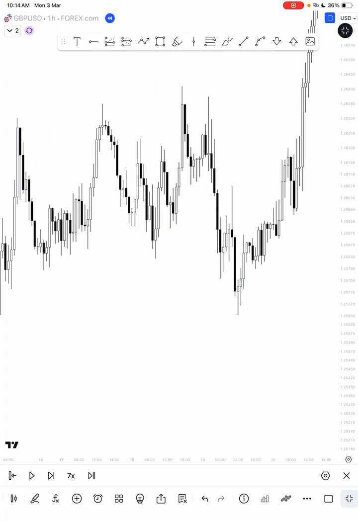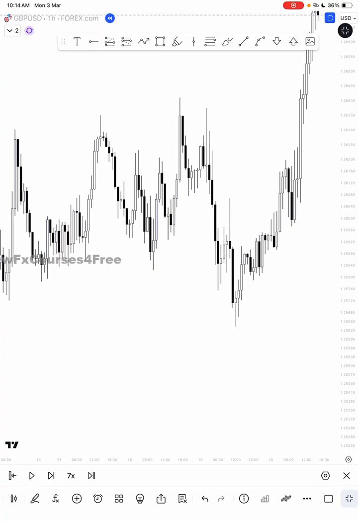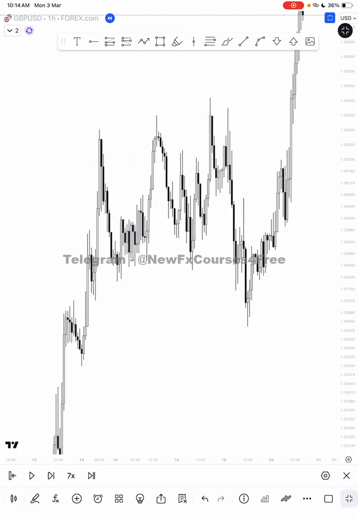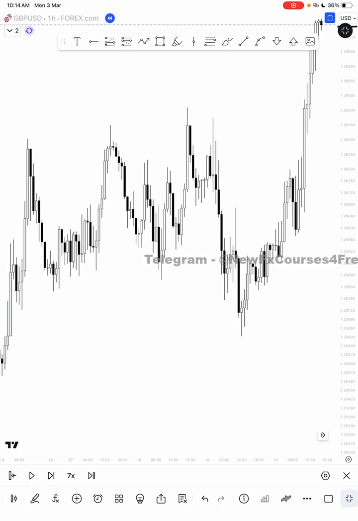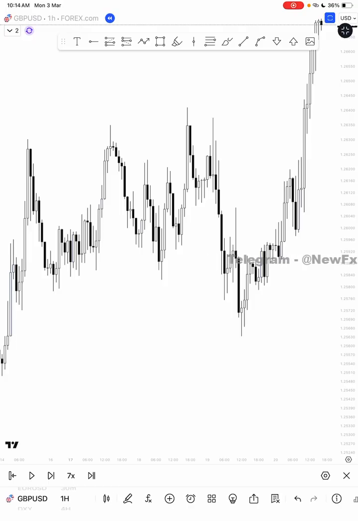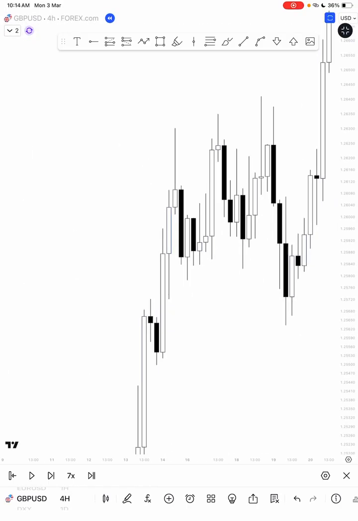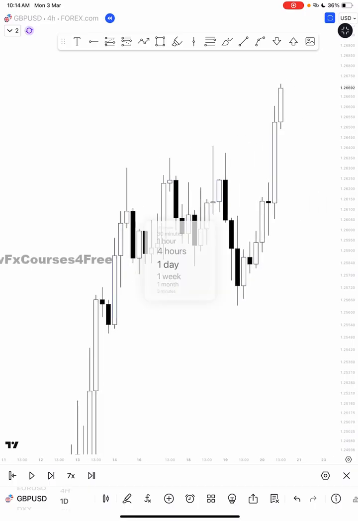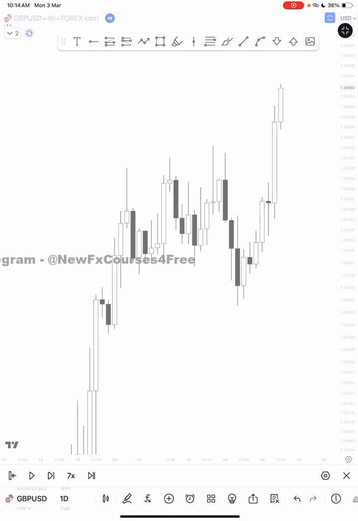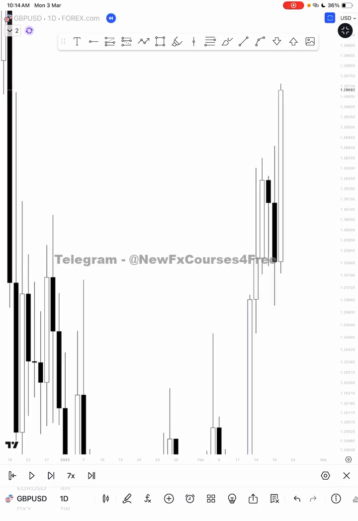So I'm just going to use last week's price action, then I'll go to this week's price action. So here on the 4-hour time frame, the 1-hour time frame, let me go back to the daily, because we want to actually focus on the daily.